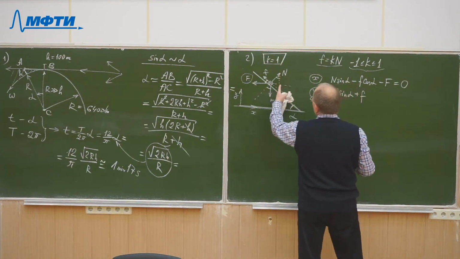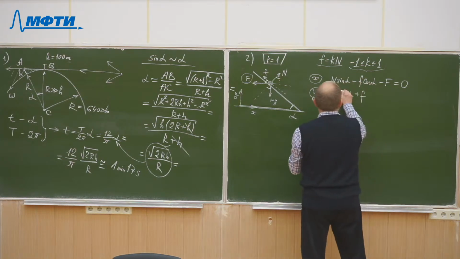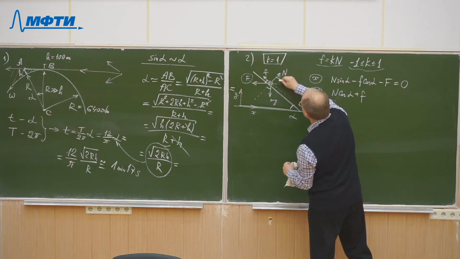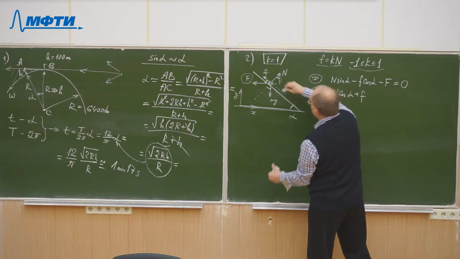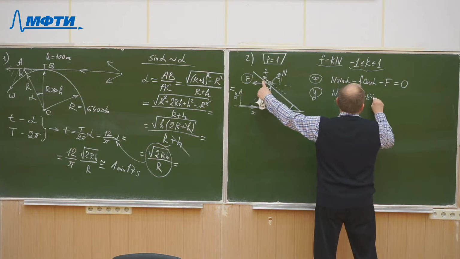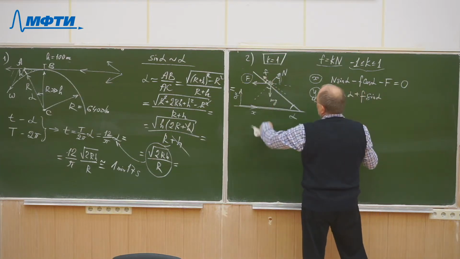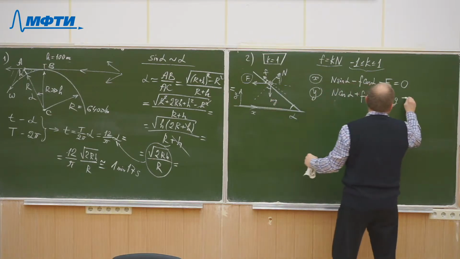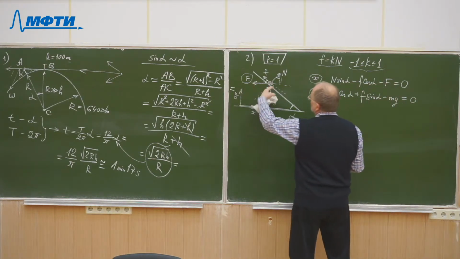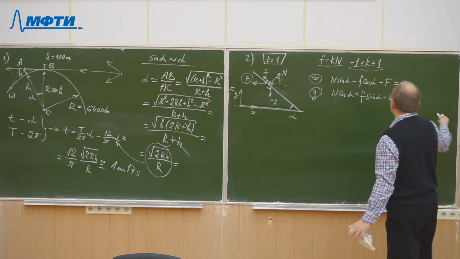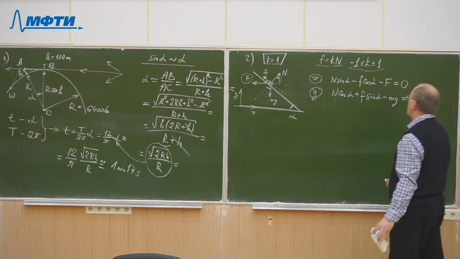Certainly, N cosine is the vertical component because this is the adjacent leg in this triangle, and the force of friction is times the opposite leg, so f sine alpha. And in the negative direction, the force mg, and the sum equals 0. The force F is horizontal, so its component in the vertical direction is 0. It should not be taken into account in the second equation.